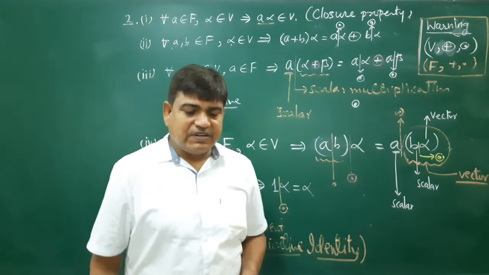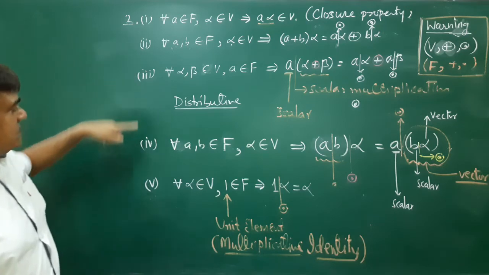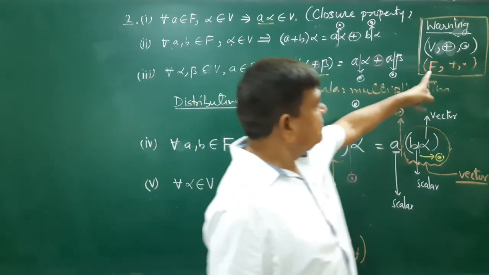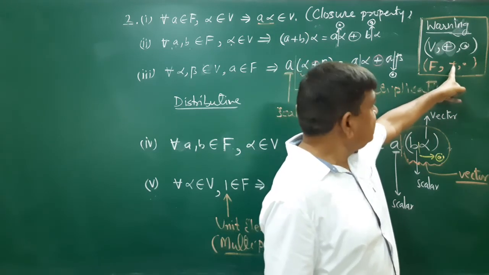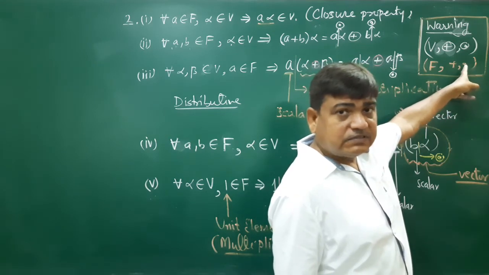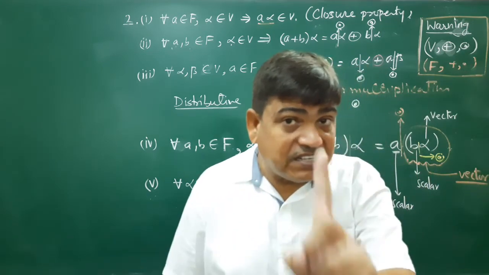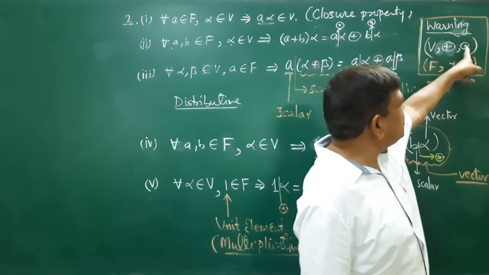Okay, so let us see. Remember, this is an abelian group with respect to this, and this is an abelian group with respect to this. Here, V is abelian with respect to addition only. It is not abelian with respect to this.